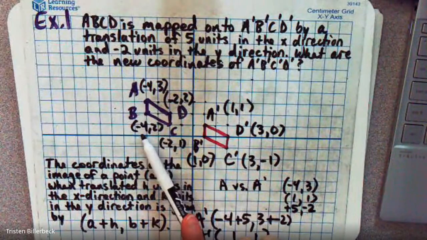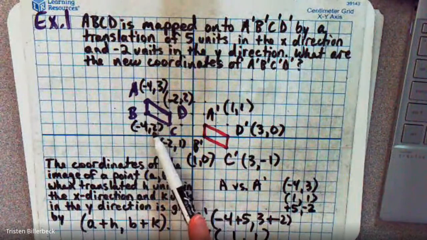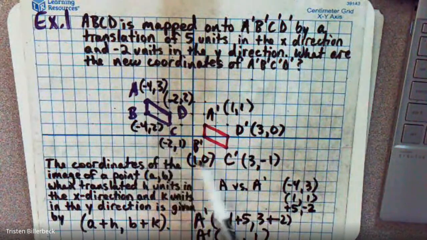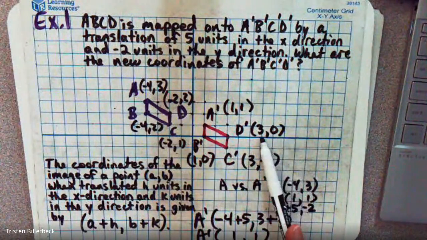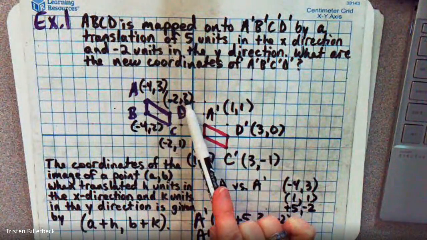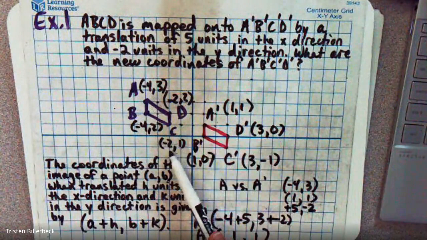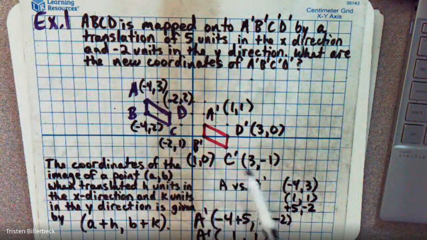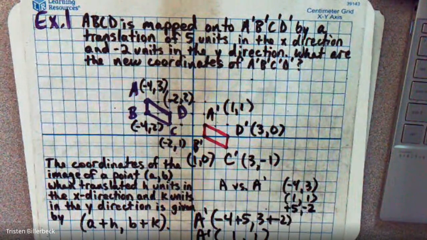If I add 5 to -4, that becomes 1. If I add -2 to +2, that's 0. If I add 5 to -2, that's 3. If I subtract 2 from 2, that's 0. And the same with C: add 5 to -2, 3, subtract 2 from that, I get -1.